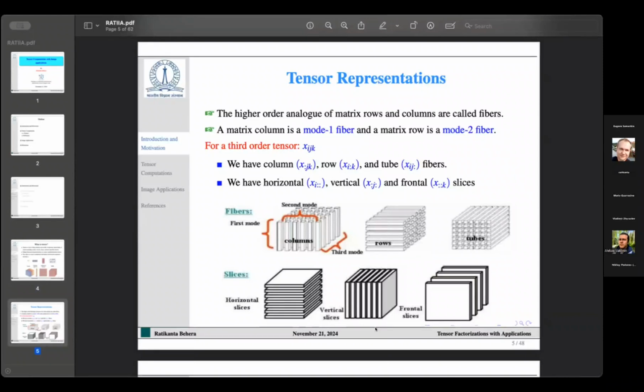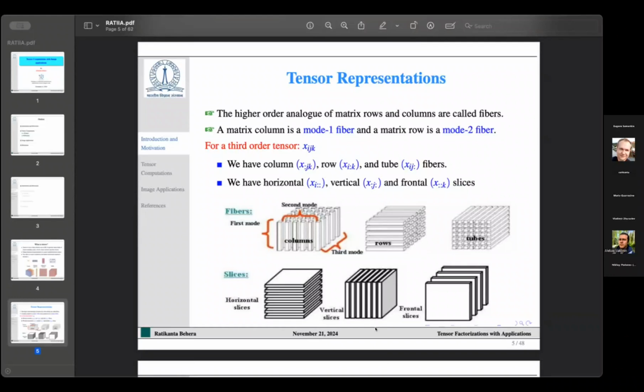For a particular example, consider a third order tensor. As I told you, a matrix is a second order tensor, which means column and row. Similarly, to some extent, we can say a third order tensor has one column, one row, and one tube.